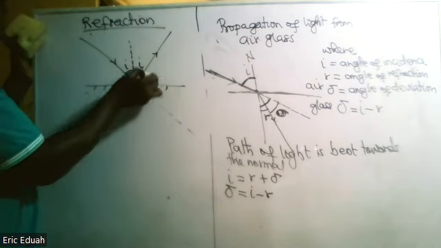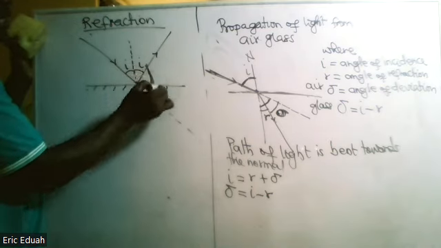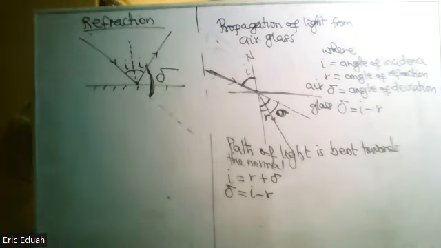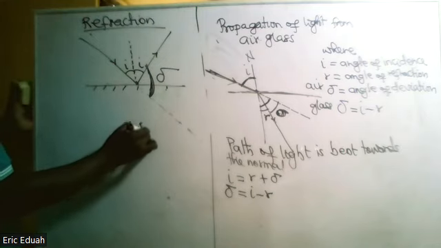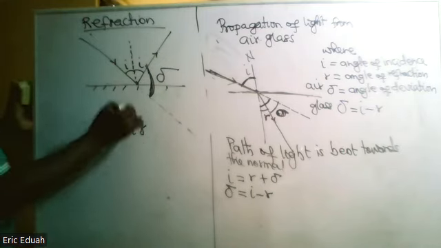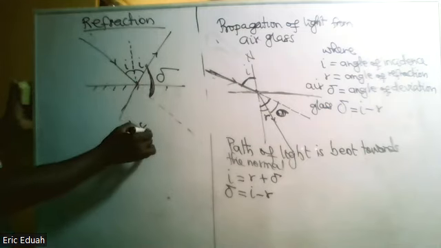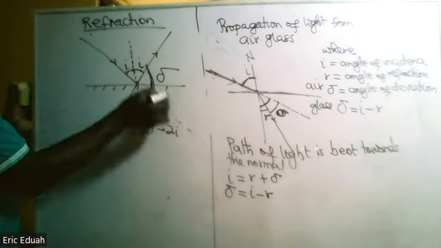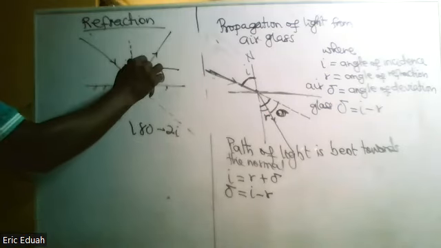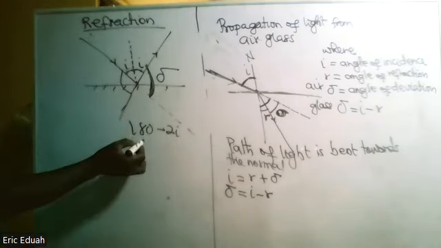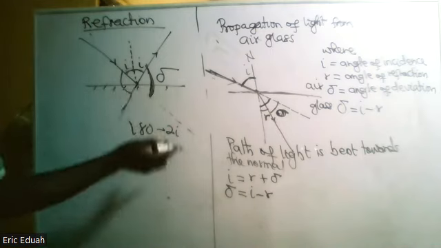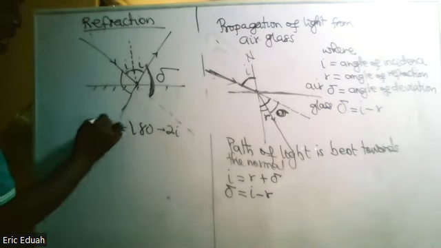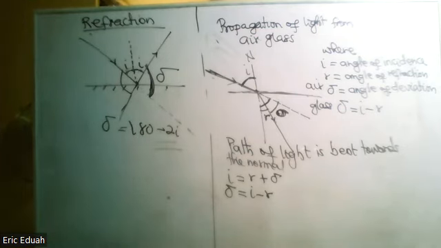So if we want to determine this angle, which is the angle of deviation, it is equal to 180 minus 2I. This is 2I or 2R. So the deviation is equal to 180 minus 2I. This is the deviation under reflection of light, and this is the deviation under refraction of light.